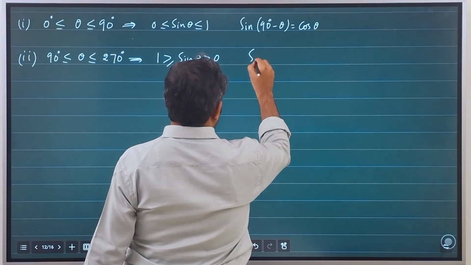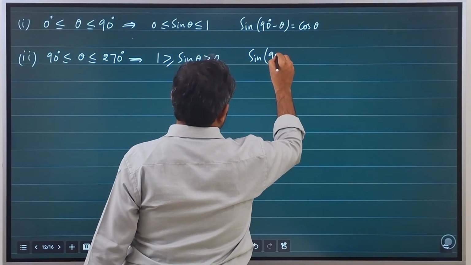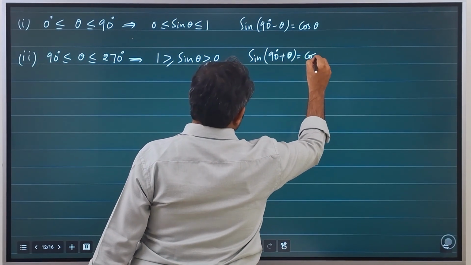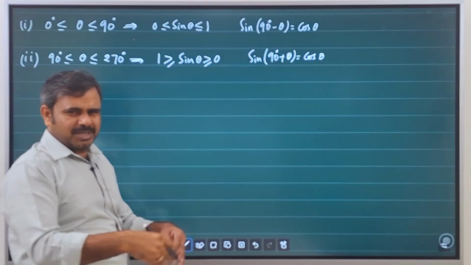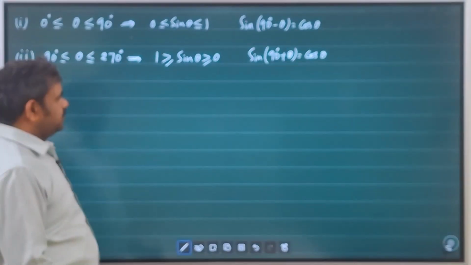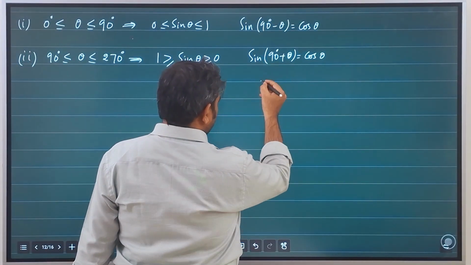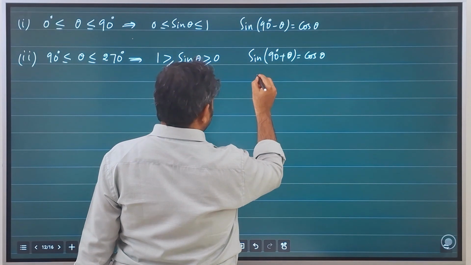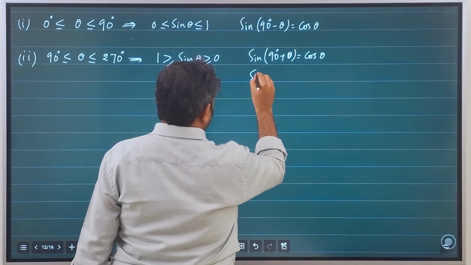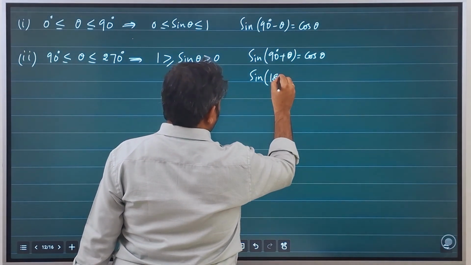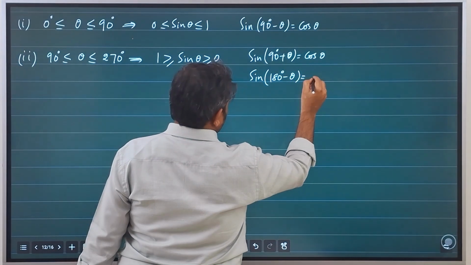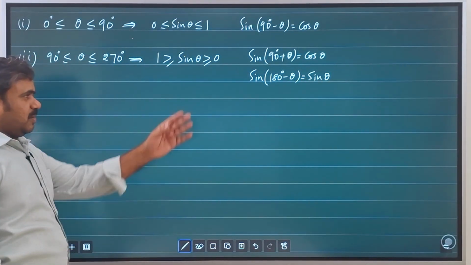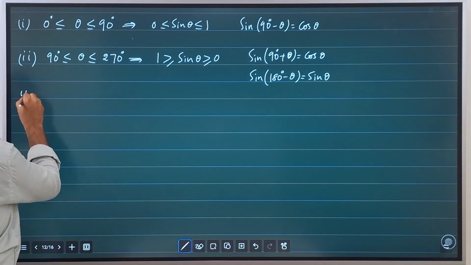So in the second quadrant, sin of 90 degrees plus theta is equal to cos theta. Theta, alpha, beta, whatever the name that you put, this equation is always true. Sin of 90 degrees plus theta is equal to cos theta, and sin of 180 degrees minus theta is equal to plus sin theta.